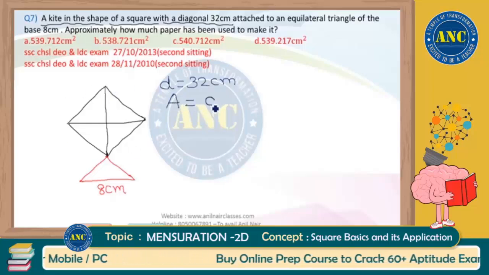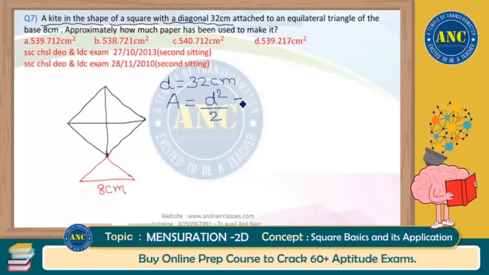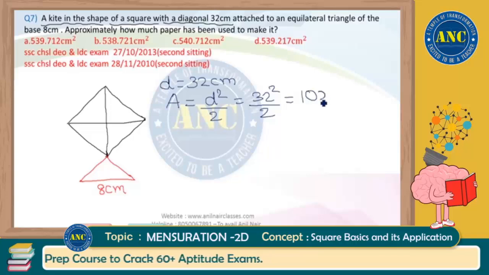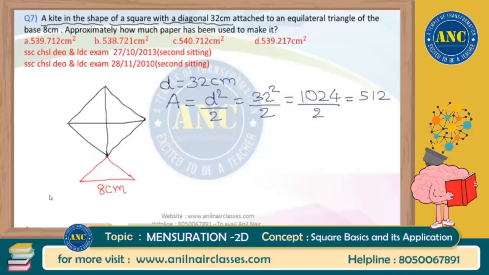Area is nothing but diagonal squared divided by 2. 32 squared divided by 2. 32 squared is 1024 divided by 2. It is 512. That means this entire green color kite is having an area of 512 centimeters square.